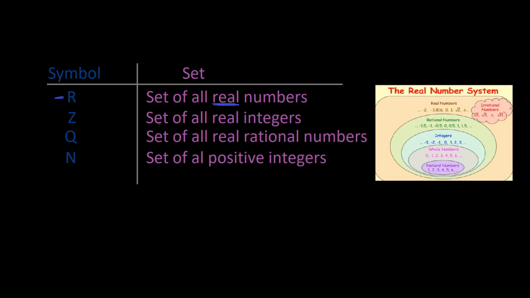Everything. And so the next one says Z. Set of all integers. And so this could be a little confusing at first. So this is probably like 12 more things to remember. So this could get a little confusing. For R, we can remember R because R means real. And so now we gotta understand integers.